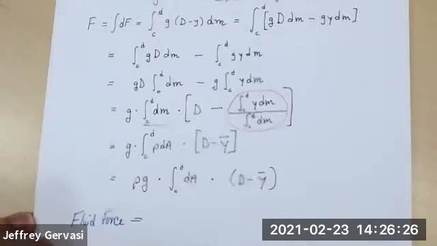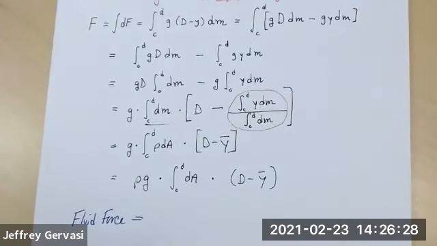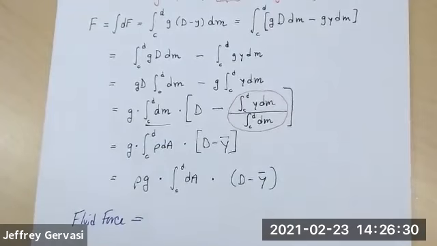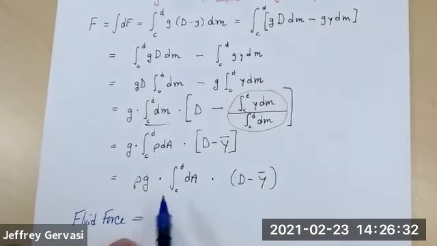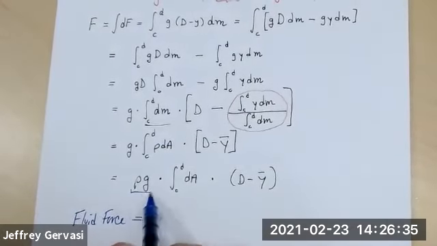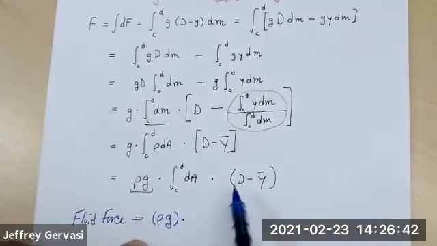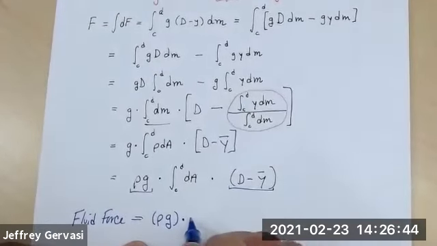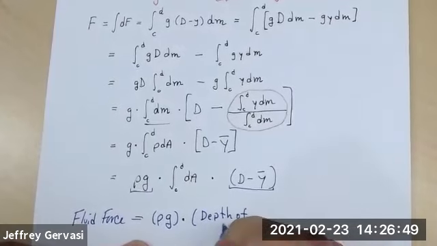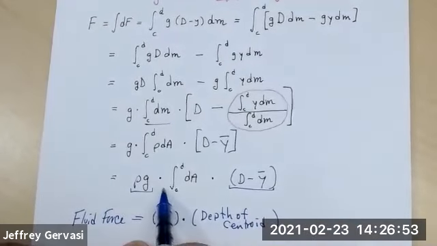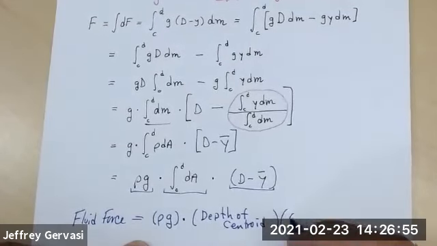the fluid force on a vertically submerged plate of constant density, so a lamina, is equal to, in words, the weight density of the fluid, this expression right here, that's the depth of the centroid, and the third factor, the one in the middle, that's the area of the lamina.